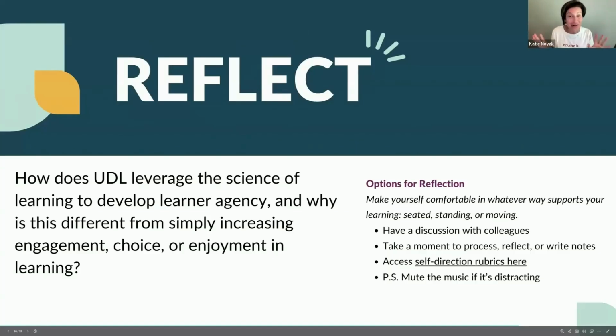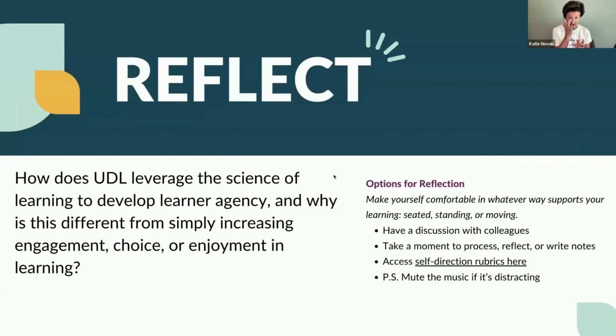You can always say, no, thank you, I don't want it, but let's all try it, or at least observe me doing it so that you have a sense of what it might look like. So this last piece here, how does UDL leverage the science of learning to develop learner agency, but also why is this different than just saying, well, I'm trying to be fun, or I tried choice, it didn't work, right? This isn't a fun meter.